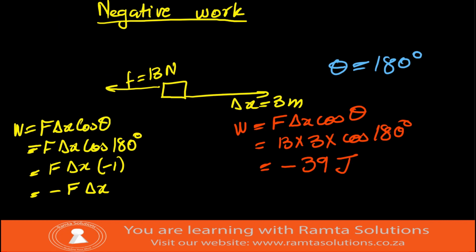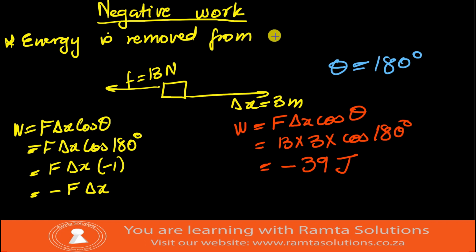Good. Now, when negative work is done, energy is removed from an object. So, for negative work to be done, the force must act in the opposite direction to the displacement.